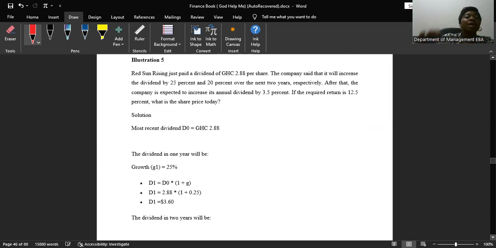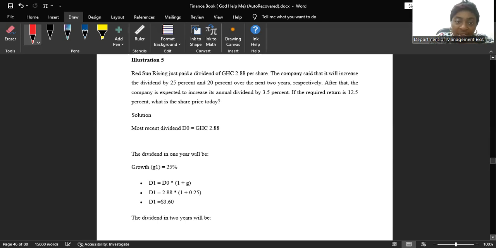So I'll solve it. It said Red Sun Rising just paid a dividend of 2.80. Just paid means D0. The company said that it will increase the dividend by 25% and 20% over the next 2 years, respectively.